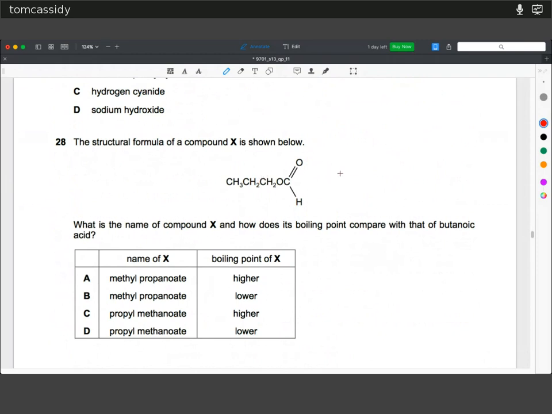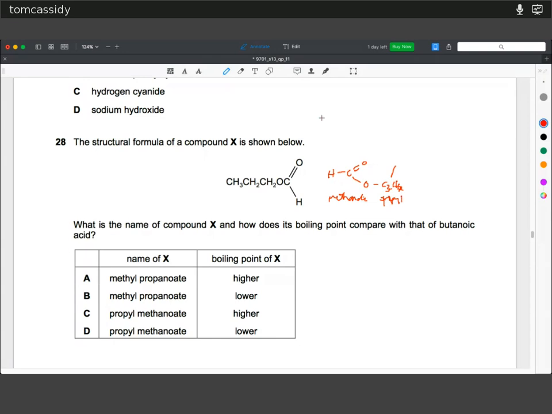What's happening there is they've drawn an ester, but they've drawn it kind of back to front, because normally with an ester, you would draw the carboxylic acid group there, and then you would do, what's this, C3H7, isn't it? Okay, and you've got the methanoate group there, and 3 carbons is propan, isn't it?